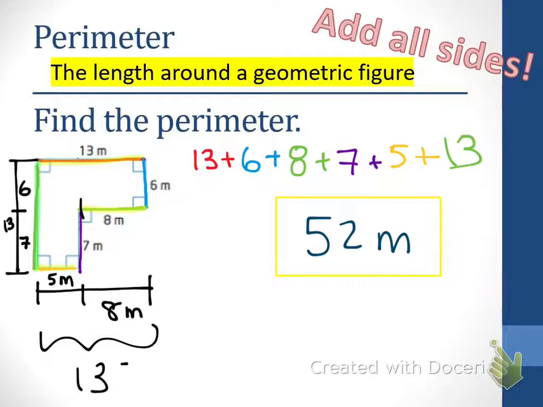When you say squared, you're saying you can fit 52 squares inside here. That's why it's squared meters. But I don't want that. I want to know if I took out a ruler or a measuring tape, how long around it is. So no squares.